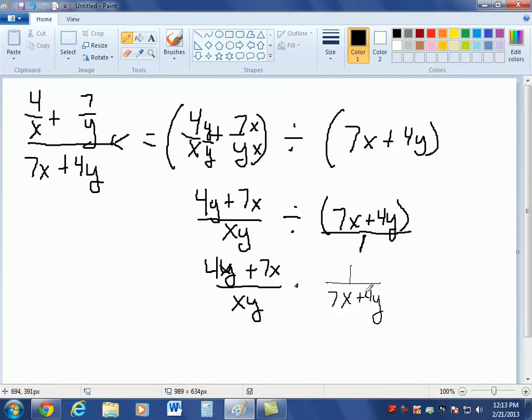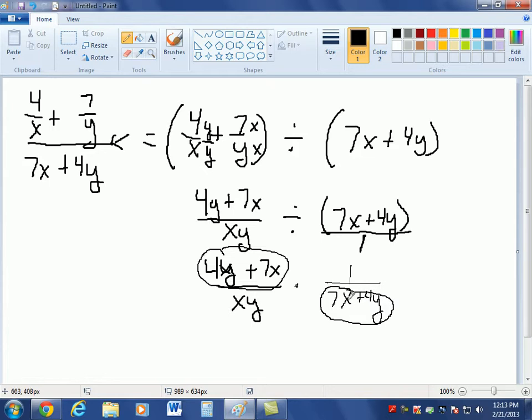No. This expression down here is not equal to 4y times something. So 4y is not a factor, and 4y can't be canceled. The thing that maybe makes it hard to see is, look closely. This is 4y and 7x added together. This is also 4y and 7x added together. Commutative property. We can just swap the order these two things come in. So these two things really are the same.